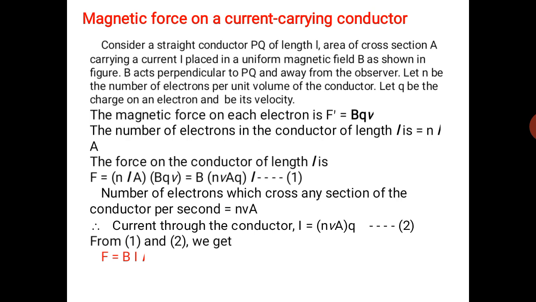And one more thing you have to remember: here L is the length of the conductor which is perpendicular to the field. Otherwise we can write that force as F equal to BIL sin theta.